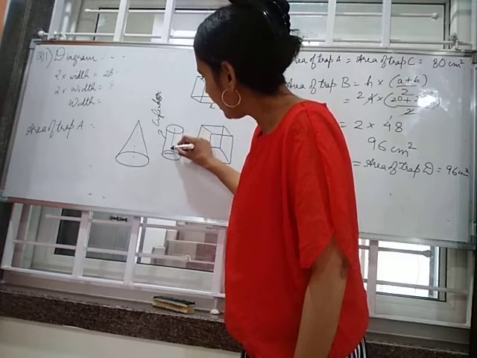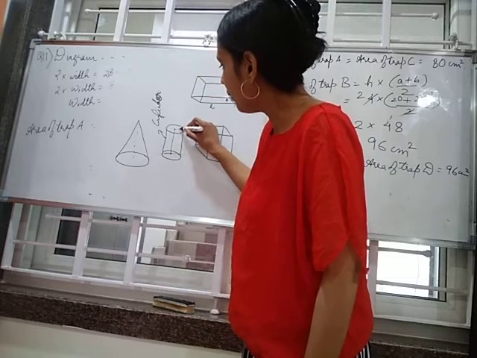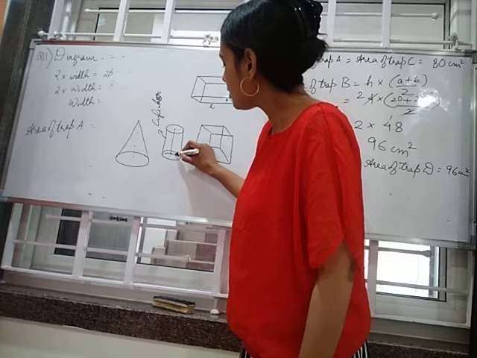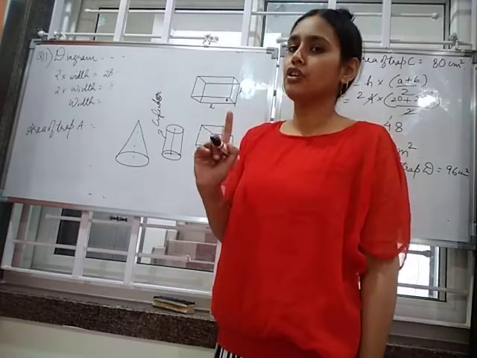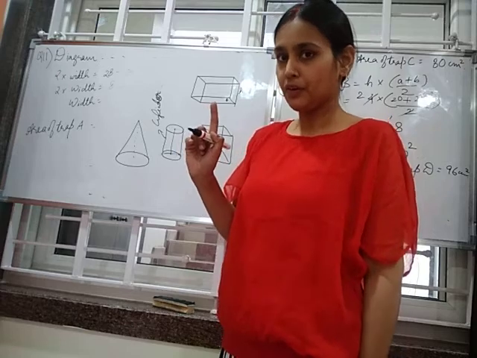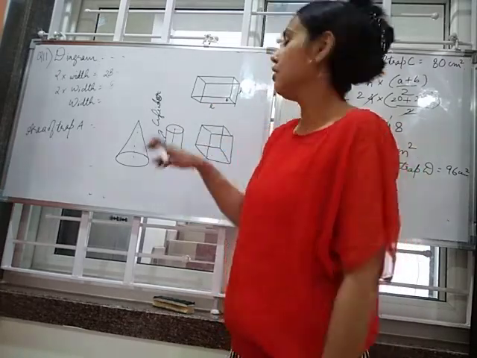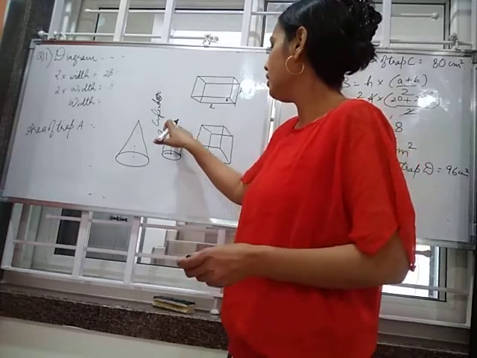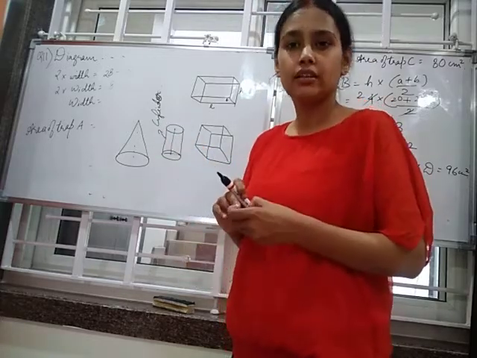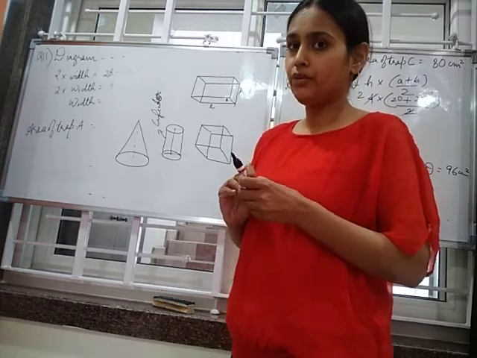the line adjoining their centers, if it is perpendicular, then such types of cylinders are known as a right circular cylinder. For that, the circles have to be congruent, and the line adjoining the two centers should be perpendicular.